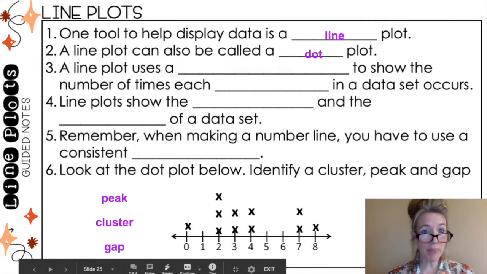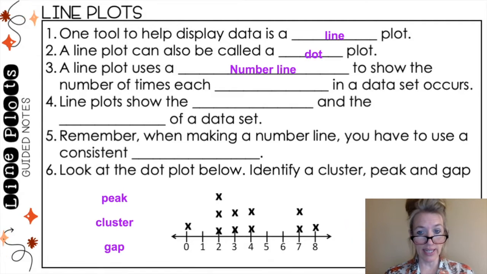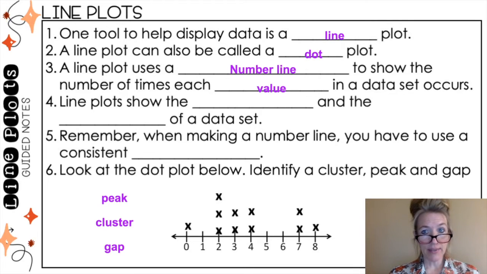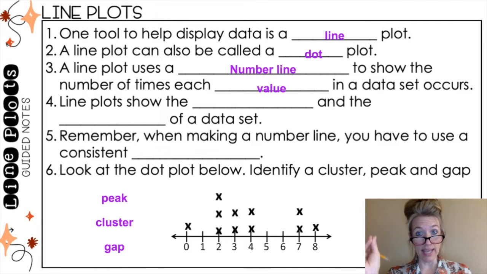So a line plot uses a number line. You'll notice our number line in our first example goes from 0 to 8. Our next blank here is the number line can show you the number of times that a value occurs in our data set.